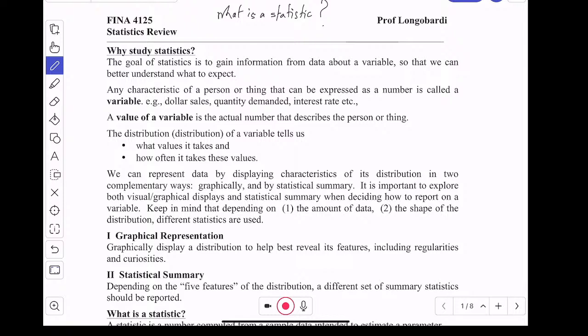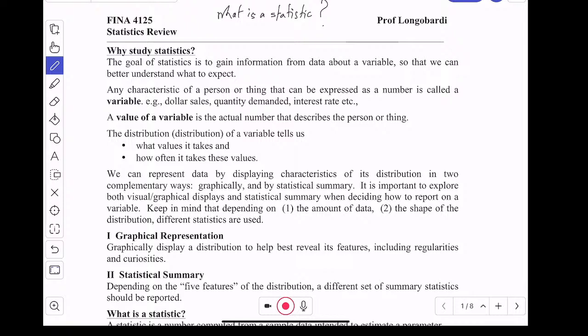A statistic is, or an example would be average GPA of students in their fourth year. An example could be the median income of households in San Juan metro area.